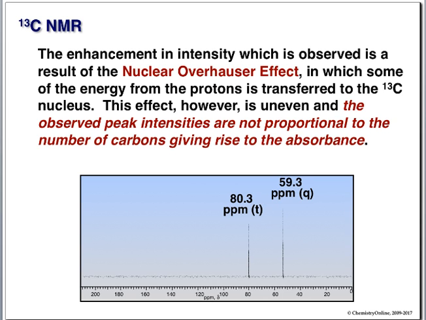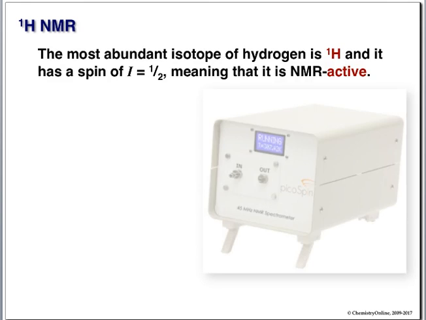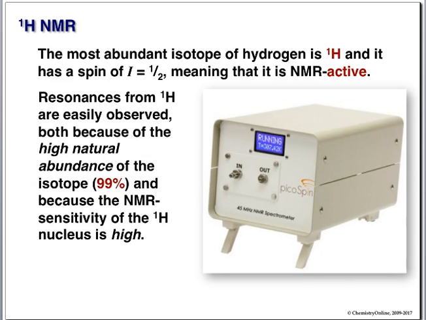All right, let's go ahead and move forward to proton NMR. We already know that the proton, the hydrogen, has a spin of 1/2, making it NMR active. The advantage of looking at hydrogens or protons in the NMR is that virtually 100%, 99%, is going to be NMR active.